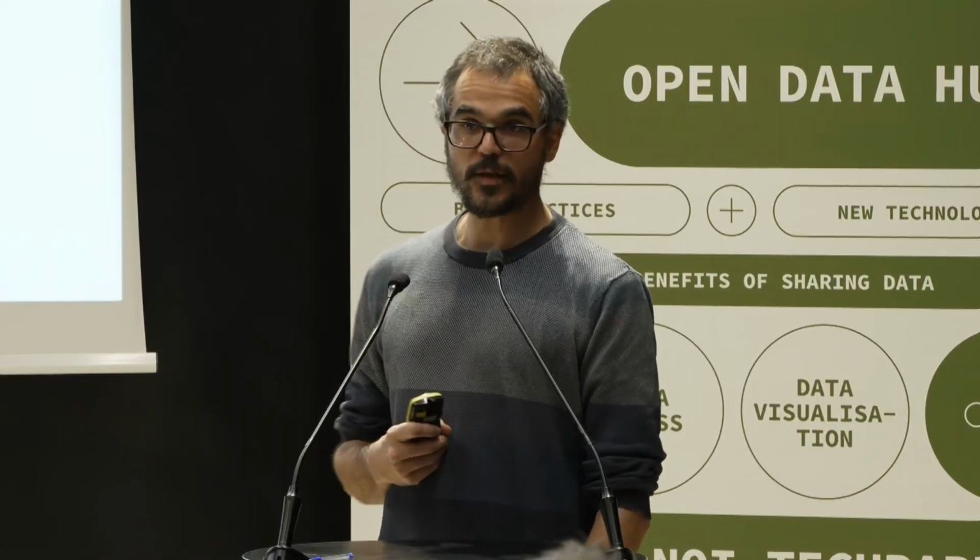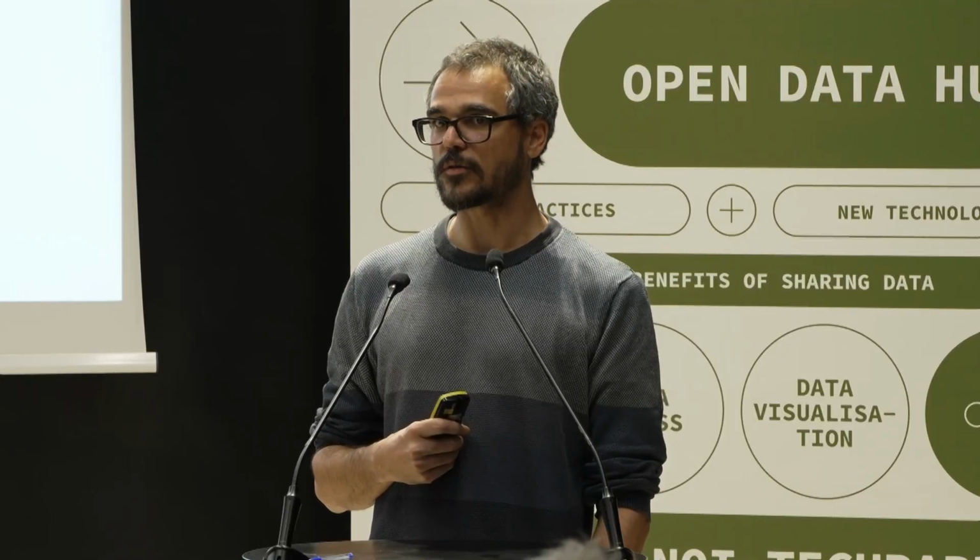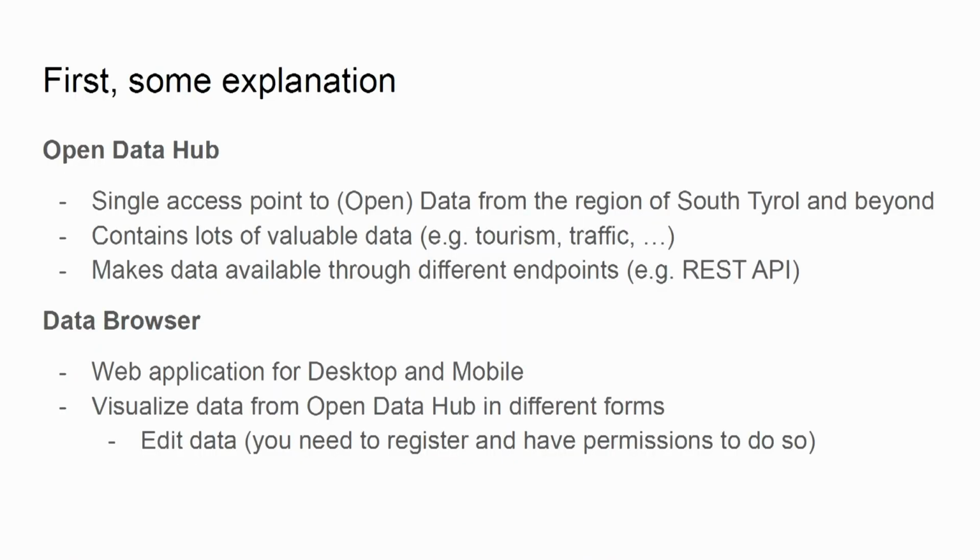Then what is the data browser? The data browser is a web application that you can use on the desktop and on mobile. On mobile it does not work perfectly, but it works. The data browser is mainly used to visualize data from the Open Data Hub in different forms. And that's also the main topic I'm talking about today.